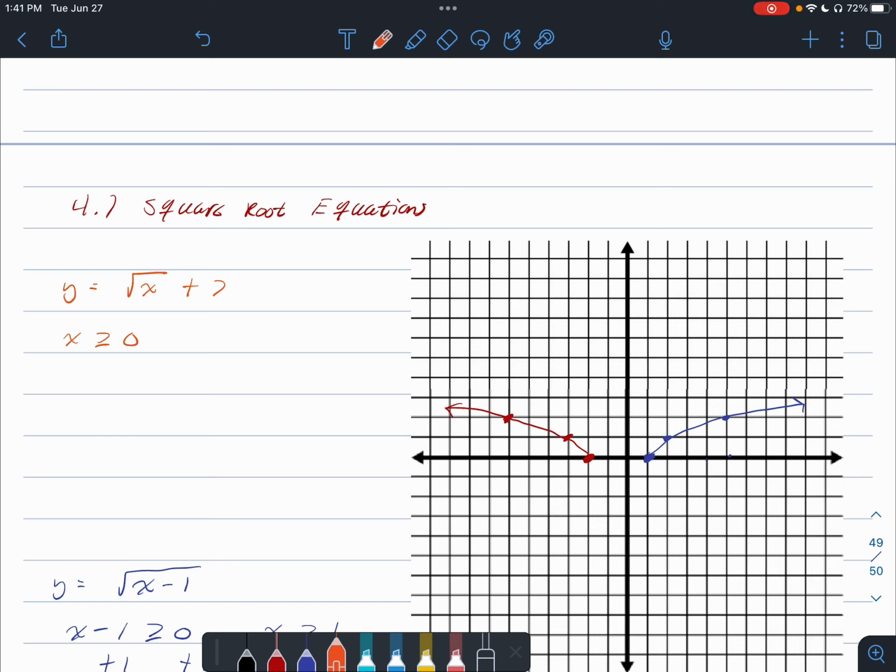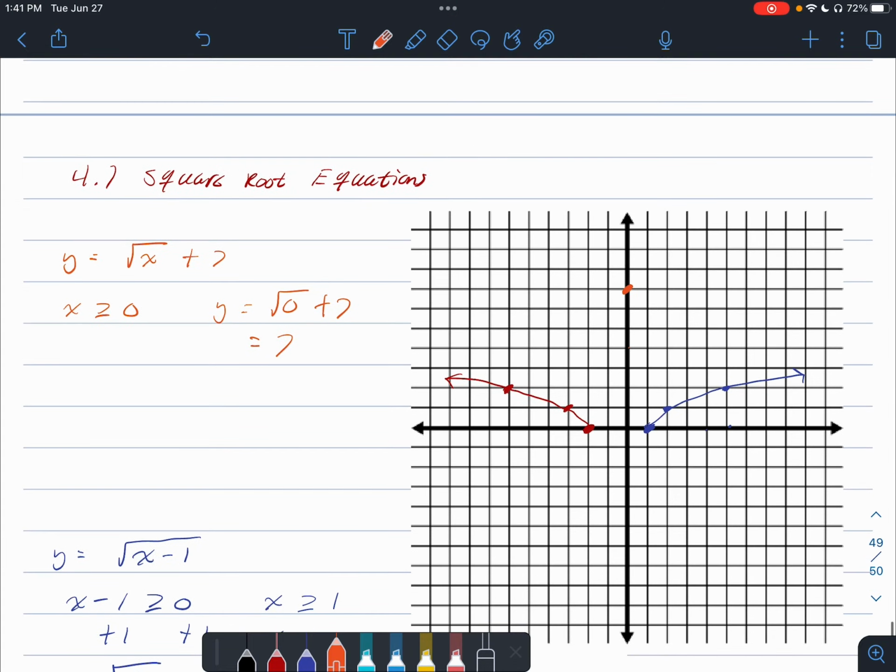Okay, so if we plug in 0, we'll get y equals the square root of 0 plus 7, or we'll just end up with 7. Okay, so at the point 0, 7, that's going to be our most extreme point. So we're going to go up 7: 2, 4, 6, 7. Here we go. And so they don't always necessarily have to start at y equals 0.